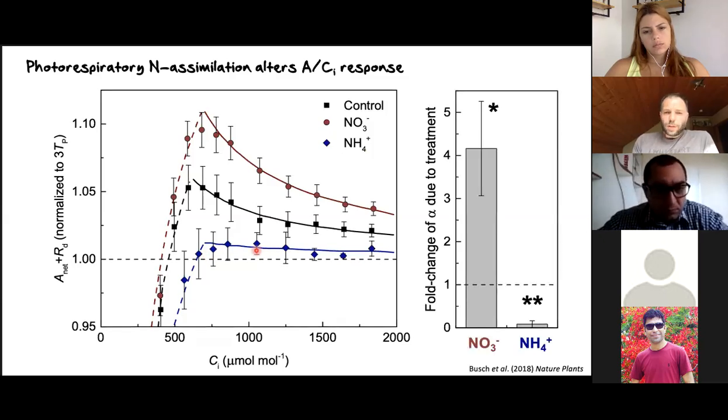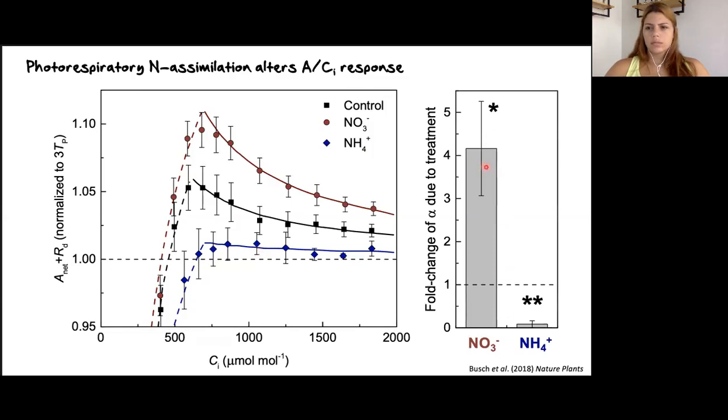And you can also quantify that. If you add nitrate, we get about a 4-fold increase in this fitted value alpha, so the proportion of carbon being taken away as serine and glycine. Whereas if we add ammonia, we get about an 80% reduction in that value.